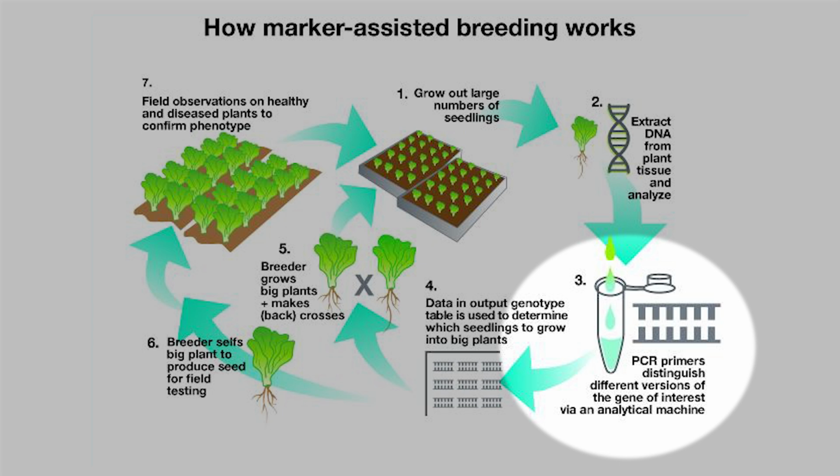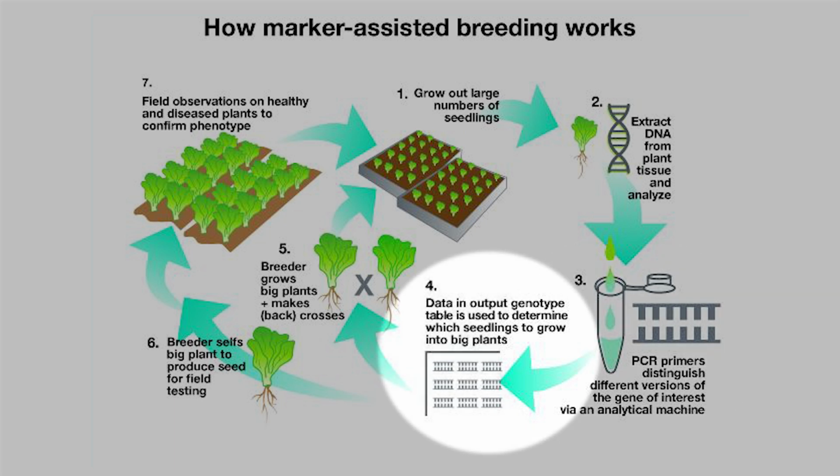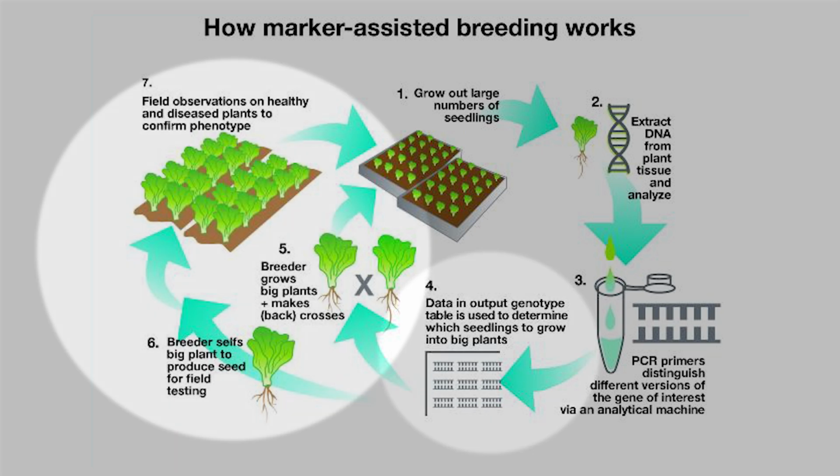The lab then extracts the DNA from that sample, and it will run a whole bunch of molecular markers, and often what they are is a pair of PCR primers that will distinguish different versions of the gene. And then from that data you get a large spreadsheet with your genotype and all your individuals, and on the basis of that the breeder will choose the little seedling to grow up into a big plant and probably make another cross with it.